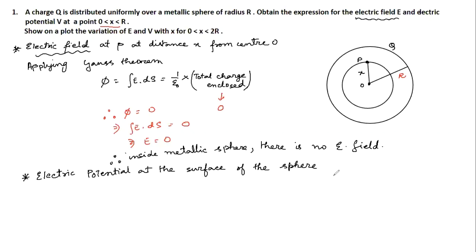It is nothing but V equals K Q by capital R. This is our electric potential at this surface.